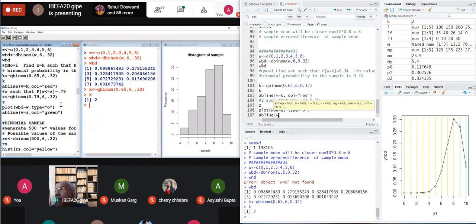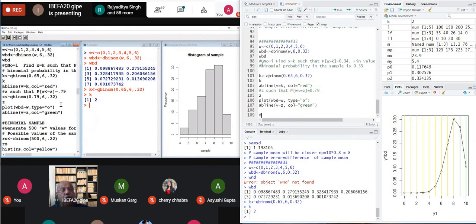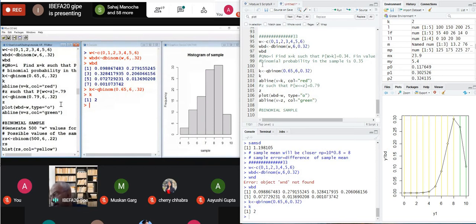So the total probability is divided into two: greater than 2 is 0.35, less than or equal to 2 is 0.65. Who does it? qbinom. So, sir, qbinom stands for the cutoff point. Exactly correct answer.